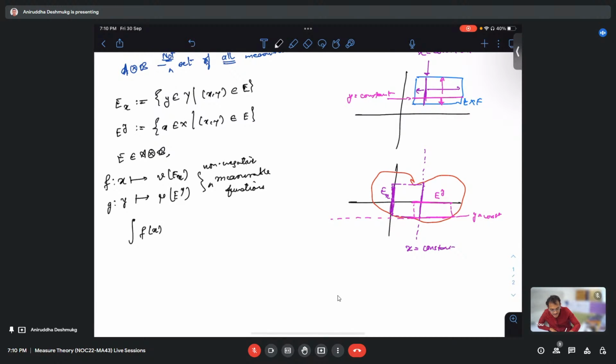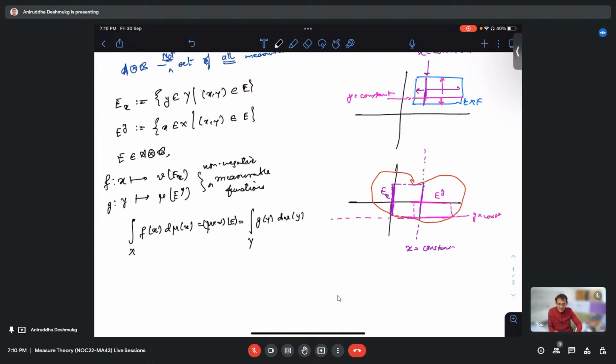Then one can think of integrating f with respect to x, and one can think of integrating g with respect to y. The first one, the integral is on x, the second one, the integral is on y. What we proved was both of them are equal, and in fact, they are equal to the product measure of E.